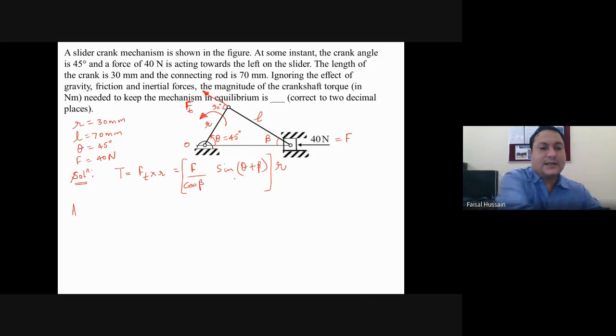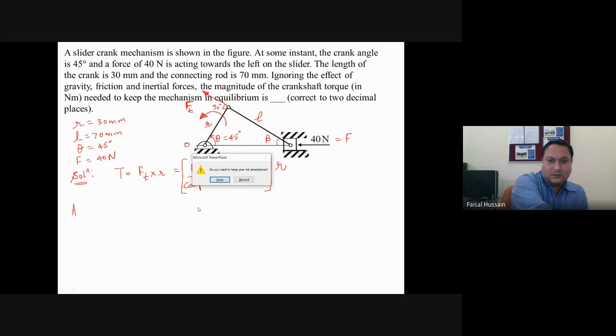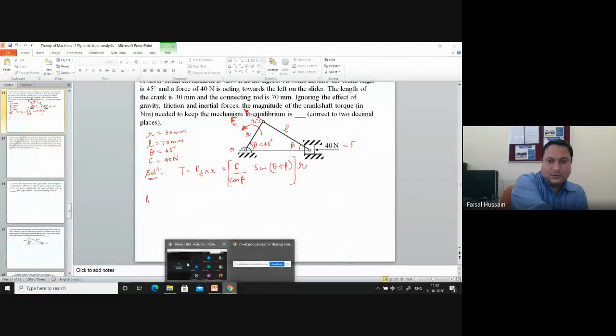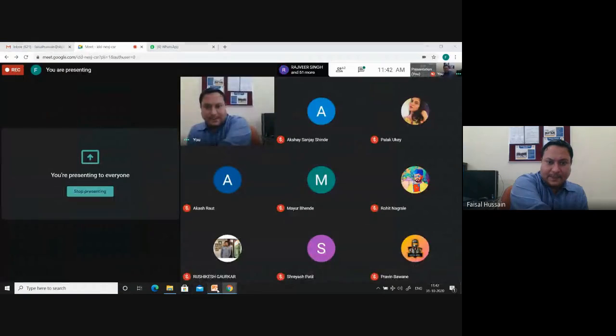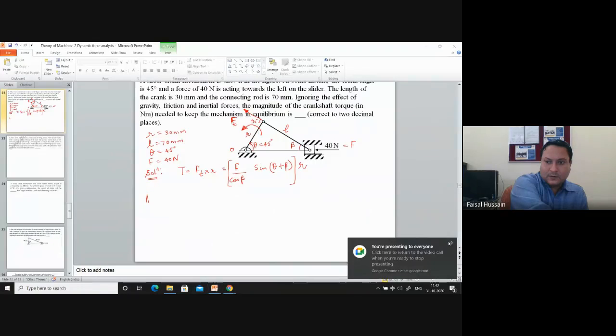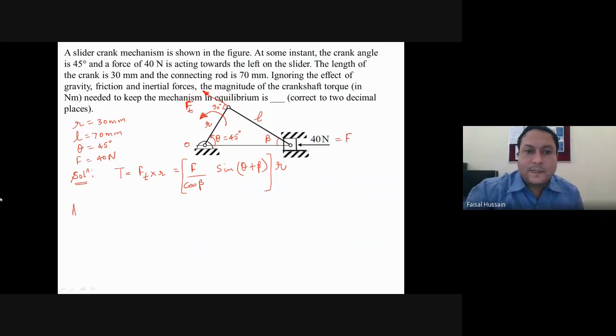Here, see, Ft is given to you. Instead of Ft, we have substituted F. Theta is also given. R is also given. What is not given? Beta is not given. How to find beta?